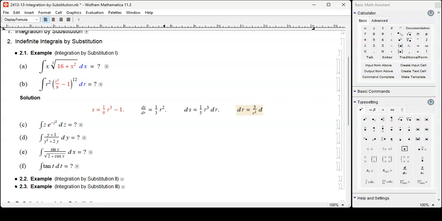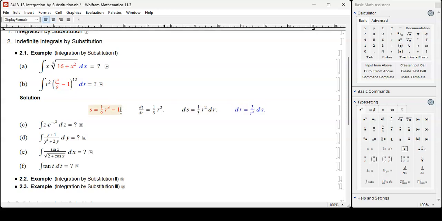Excuse me, it should be squared, sorry about that. Take the derivative, 3 comes out and subtract 1 from the power, squared. And then somehow I made a typo here. Okay, got it back.